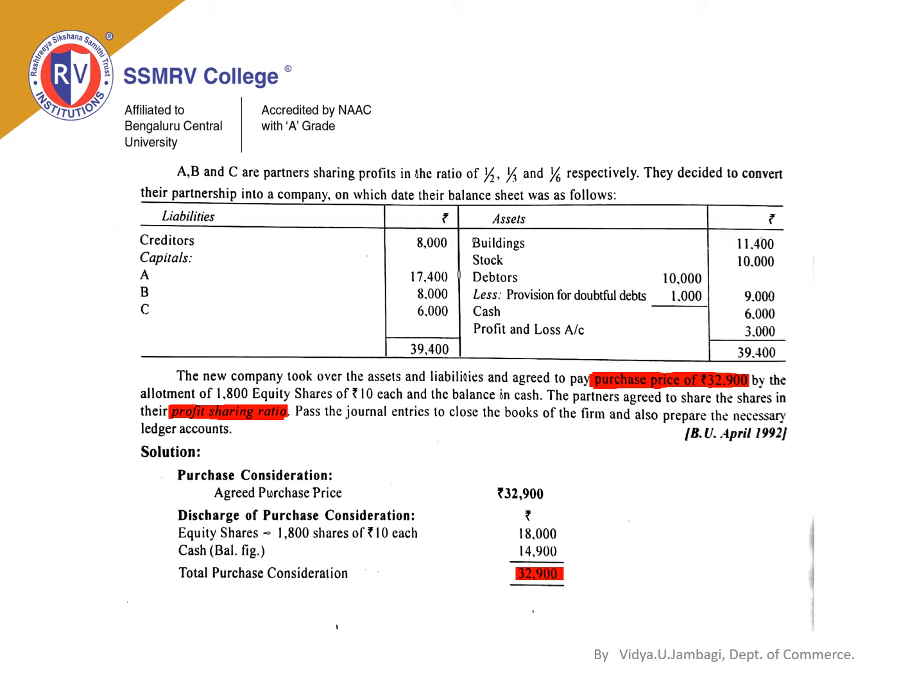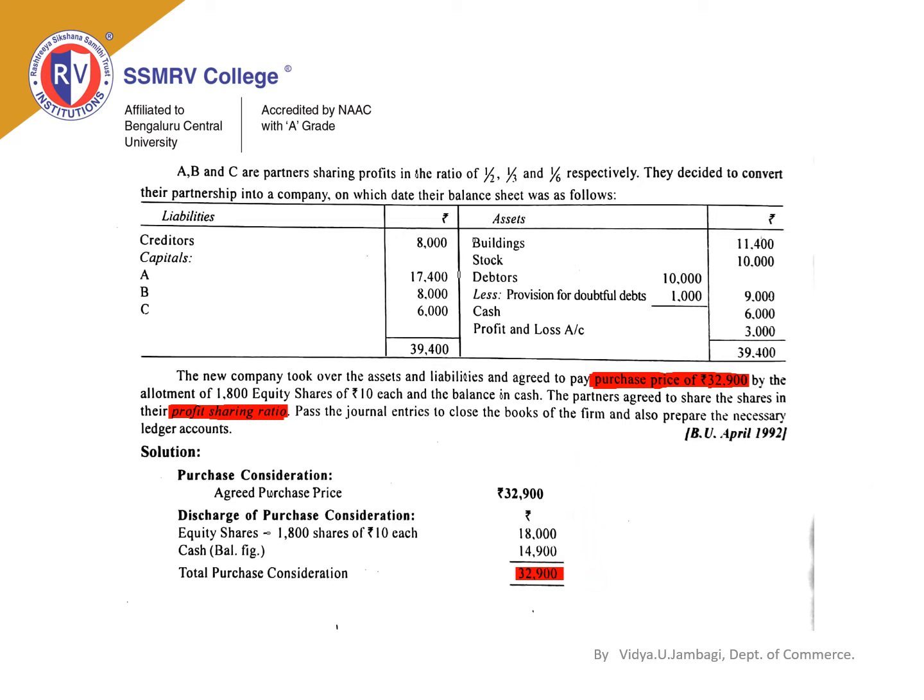So that comes to 18,000, and we have cash, which is 14,900, which is the balance. So the total PC is 32,900, out of which 18,000 is shares and the remaining is cash. So both these steps are completed here.